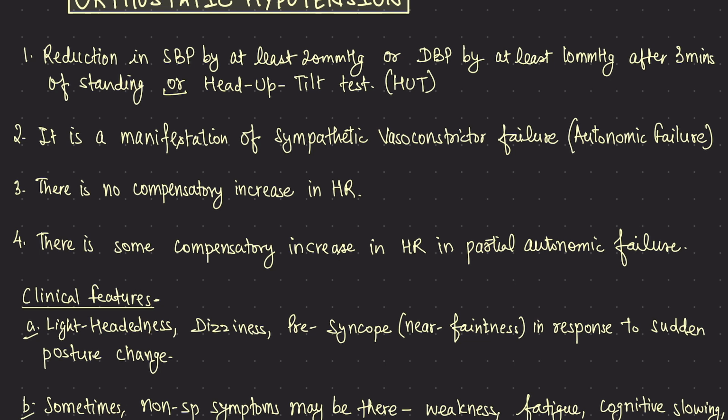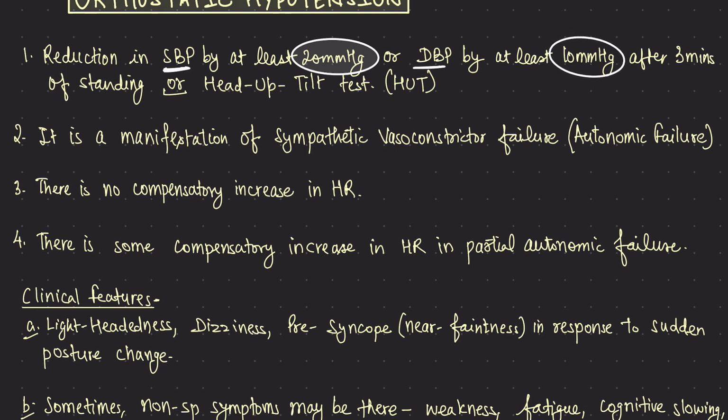As far as definition is concerned, it is very important to remember the definition of orthostatic hypotension. There is reduction in systolic BP by at least 20 mm Hg, right, systolic BP, and diastolic BP by 10 mm Hg.